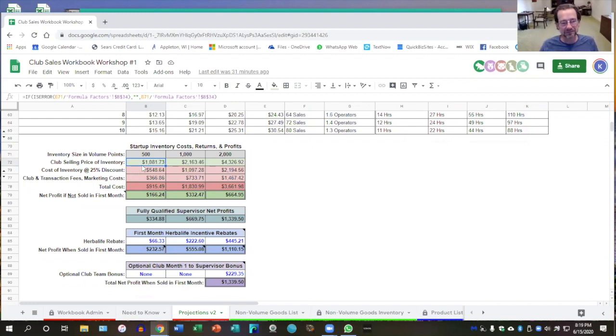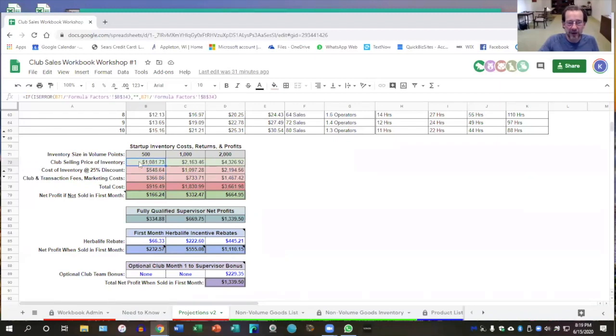So there's actually markup on your menu items on top of it, but this is club inventory profit. That's all I'm talking about here. So you will actually sell that inventory portion of it for $1,081. It will cost you $548 to purchase it.